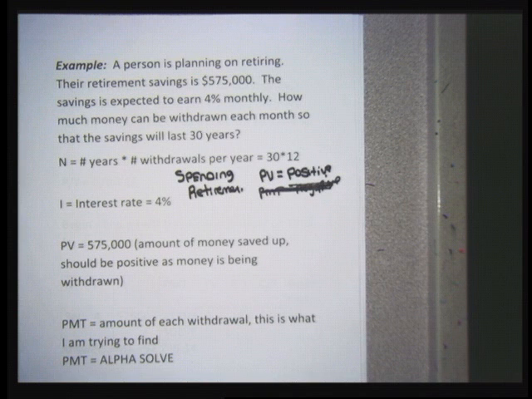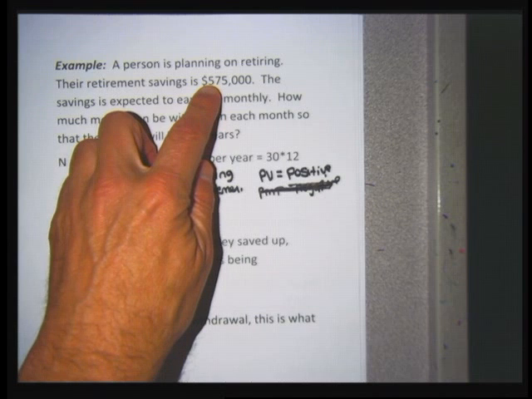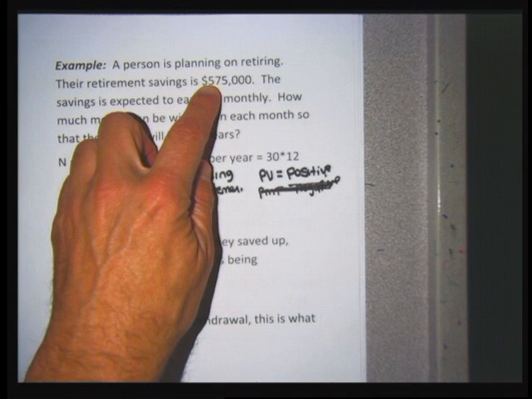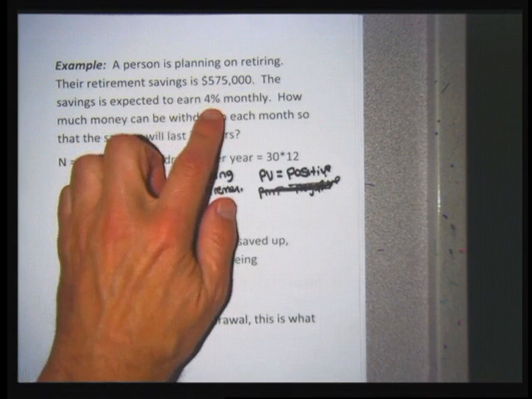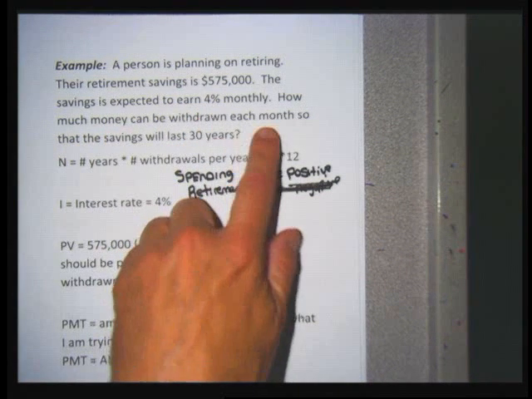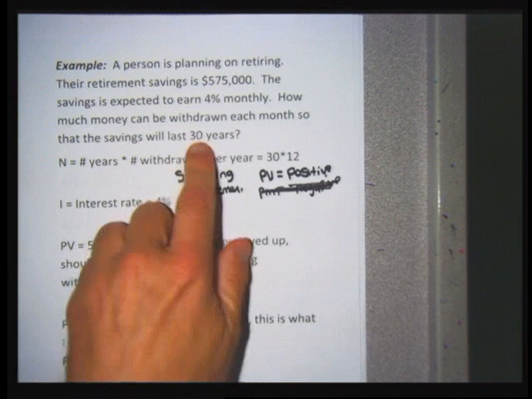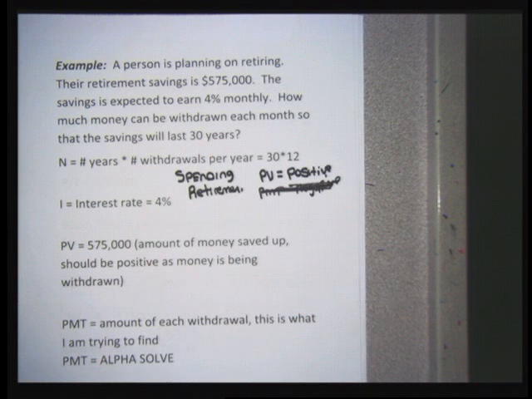So here's a person, they have $575,000 saved up. When you're retired, you get more conservative with your investing, and their interest rate now is just 4%, and they're going to make monthly withdrawals. For whatever reason, when people retire, it's more common to get a monthly paycheck. Social Security comes once a month, and they want the money to last for 30 years. So if you retire when you're 65, this will let you take money out to your 95, and it would be nice if you live longer.